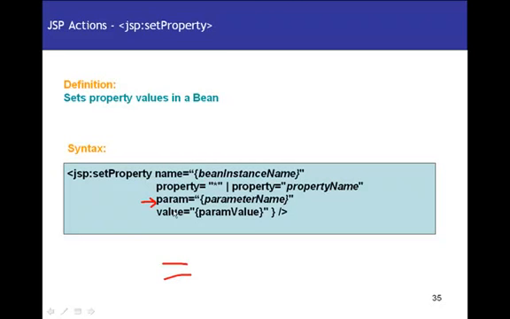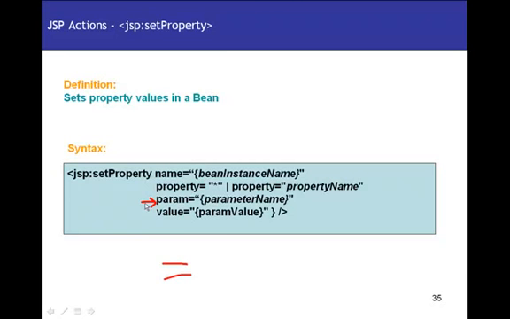So here the catch is you should have the same name in the input field so that it matches the input field name with the property name. So if I have properties as username and user ID, my input text box names should also be username and user ID, so that this can automatically map these values to those input fields and update the value of the bean with whatever values you have entered in those input fields, right? So that's how you can use the star version of the property attribute.